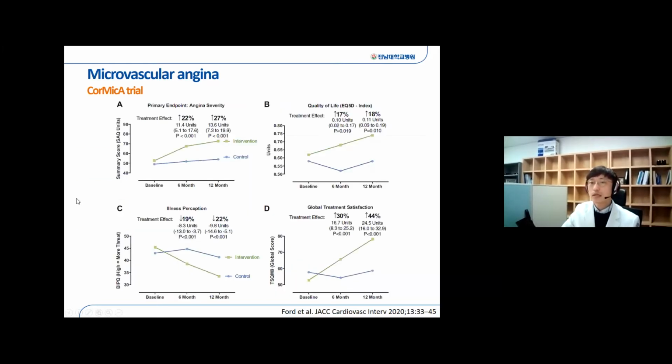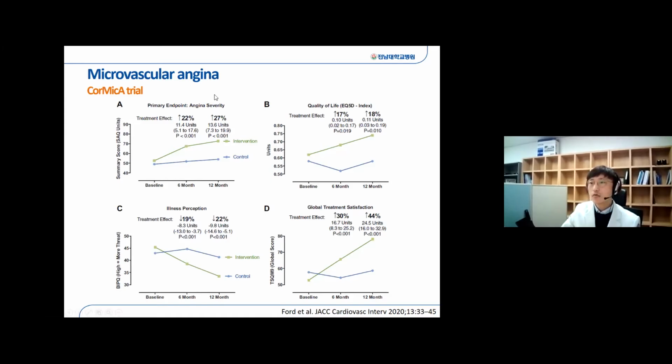And it very clearly showed a positive effect on patients' quality of life when the microvascular dysfunction affected the treatment stratification.